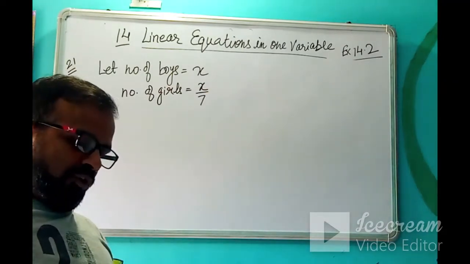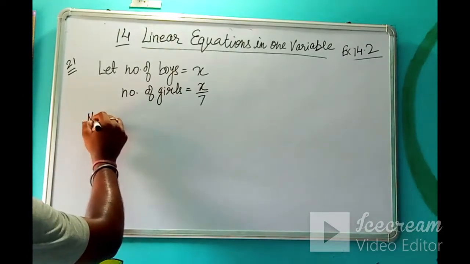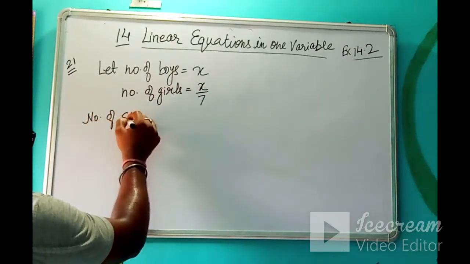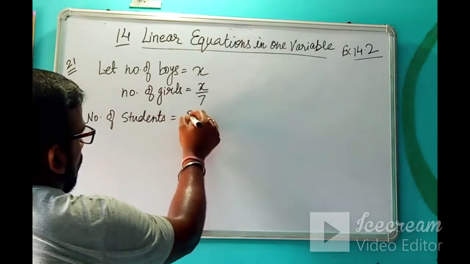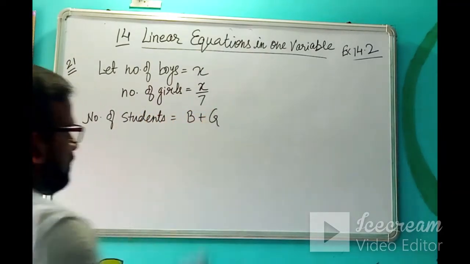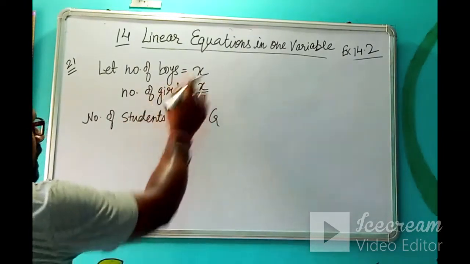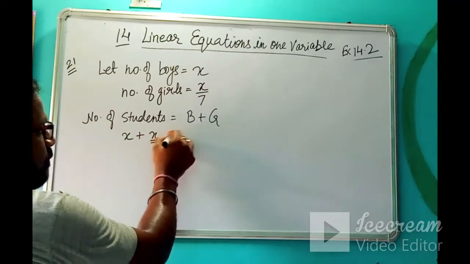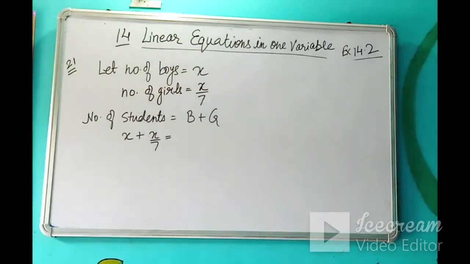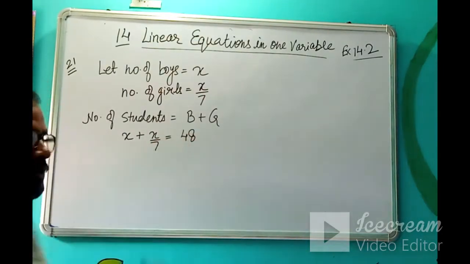If there are 48 students in the class, that means the number of students will be boys plus girls. So the number of boys was x, the number of girls was x upon 7. So x plus x upon 7 is equal to 48.